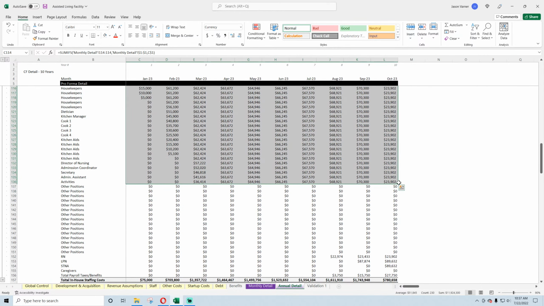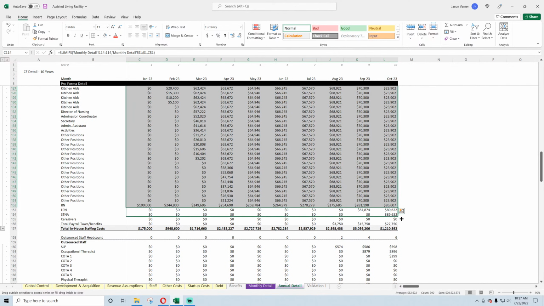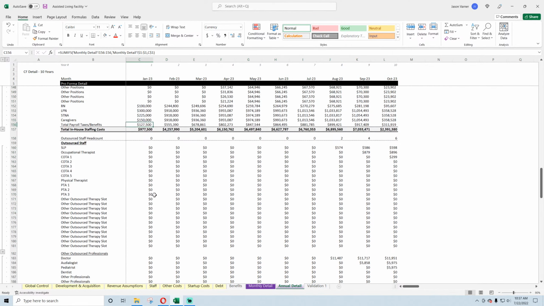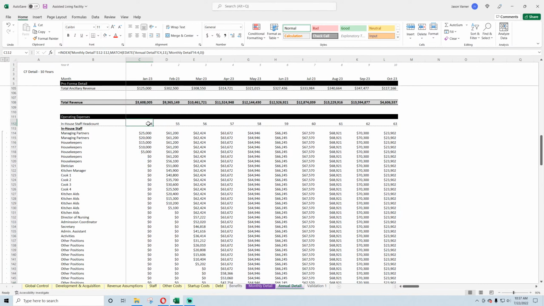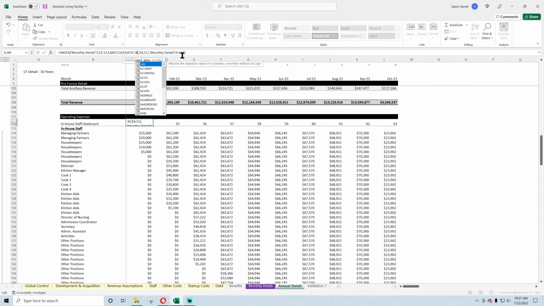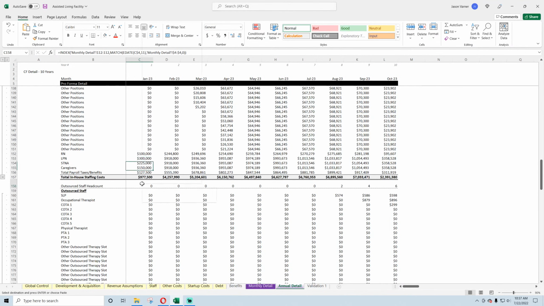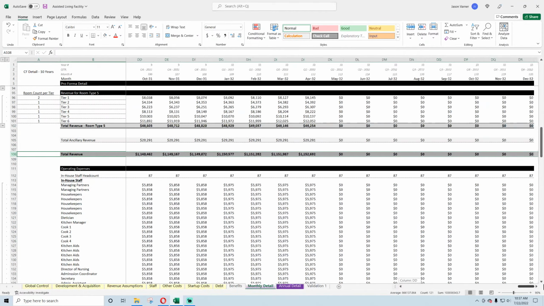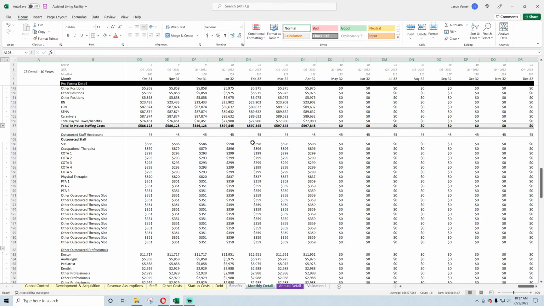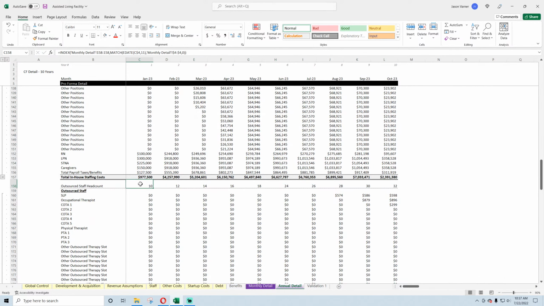We have our in-house staff costs, including payroll taxes and benefits. And we have another index formula. So here we want to take our staffing headcount. Drop this down. Now 32, does that match? No, 45, so we're doing 158. 158. Oh, wait.